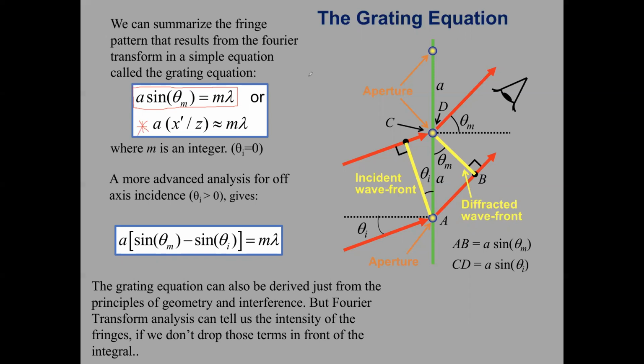So if you're using red light, lambda would be 600 or so nanometers, 650 nanometers. If you have red light hitting a diffraction grating and you're trying to find the angle for the second order bright peak, the second one out from the center, you would plug in m equals 2 here, plug in the space between the slits in your diffraction grating, and solve for the angle.